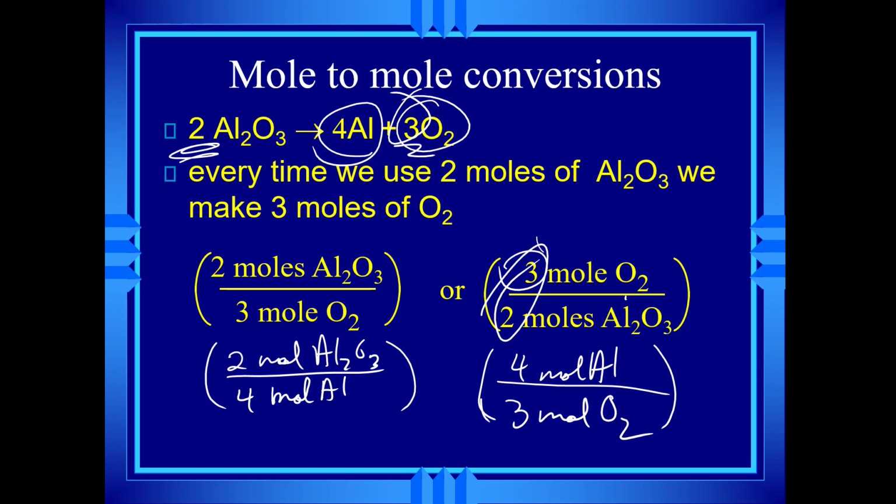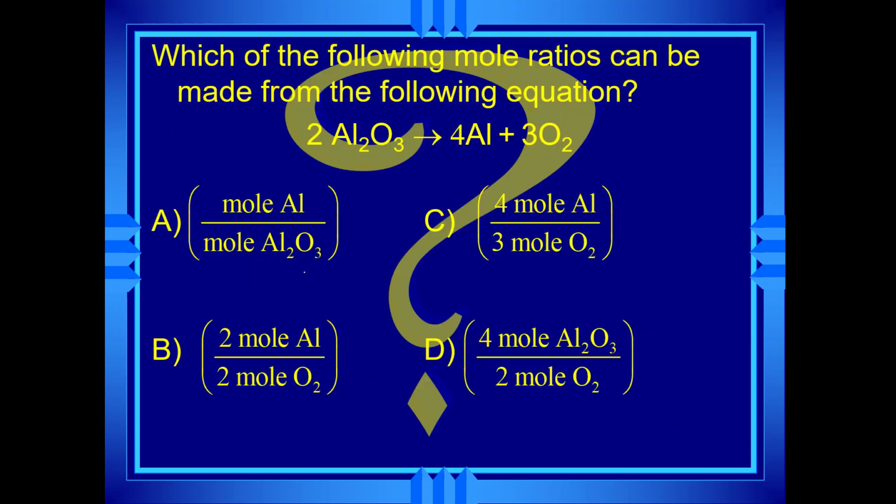And notice what these conversions are going to let me do. With this one, I'm going to be able to get rid of moles of O2 and turn into moles of Al2O3. So for the past month, everybody's asked me, do I have to write the chemical after mole? And I said, yeah, because eventually that's the part we're going to change, is the chemical part. This is where we're changing the chemical part. Okay? So just make sure. Which one of those can be made from this equation?